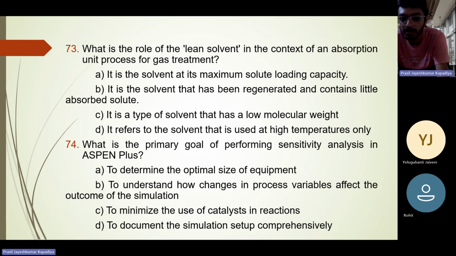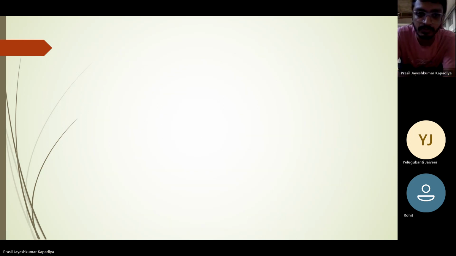Let's say I want to increase the purity, but we don't know what to do, so we see the effect of, say, temperature on composition. So this is how changes in a process variable, such as temperature, affect the outcome of the simulation. The answer should be to understand how changes in process variables affect the outcome of the simulation.